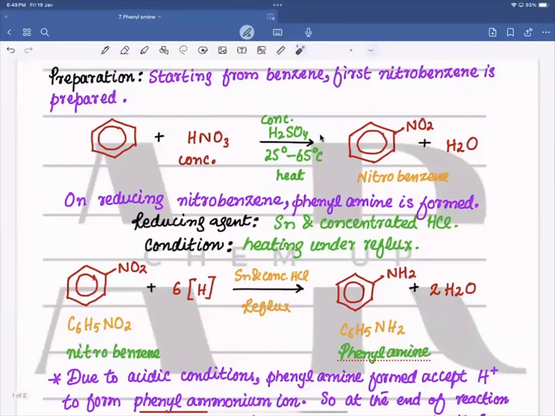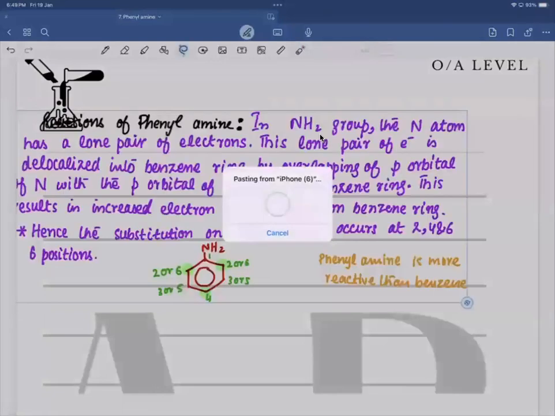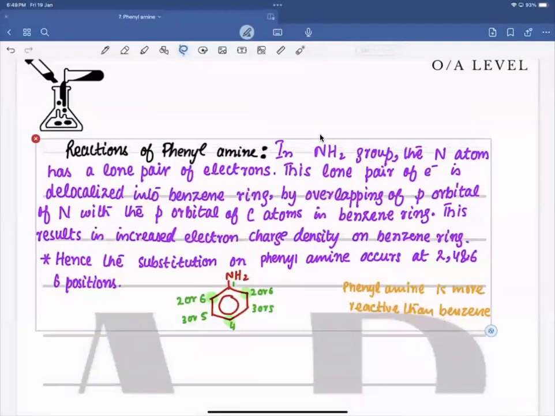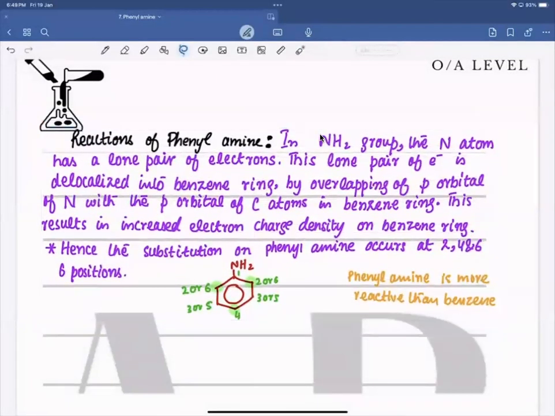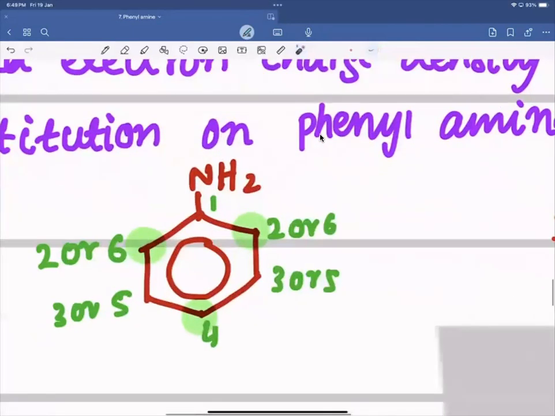Okay. Now we have the reactions of phenylamine. First let me explain, then you will note it down. In phenylamine, this nitrogen also has a lone pair, as oxygen in phenol has. So it donates its lone pair to the benzene ring.